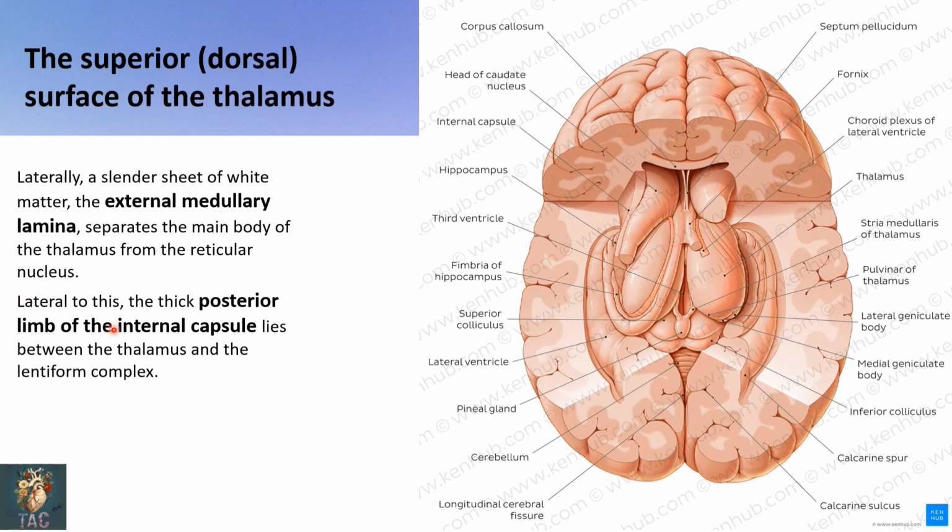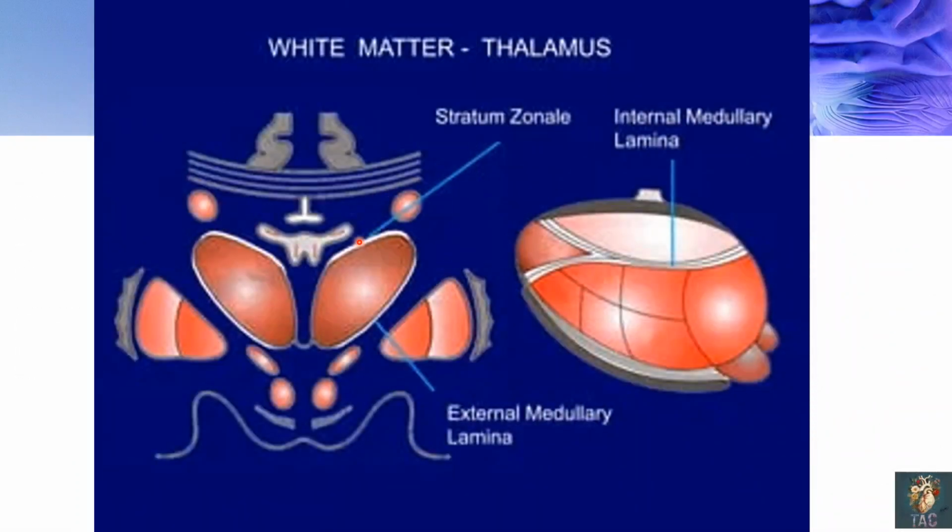So lateral to this you can see the thick posterior limb of the internal capsule is present, and then lateral to this is the lentiform nucleus. So this is the diagram to show you the position of the stratum zonale and the external medullary lamina. These are the parts of the white matter which cover the superior surface and lateral aspect of the thalami.